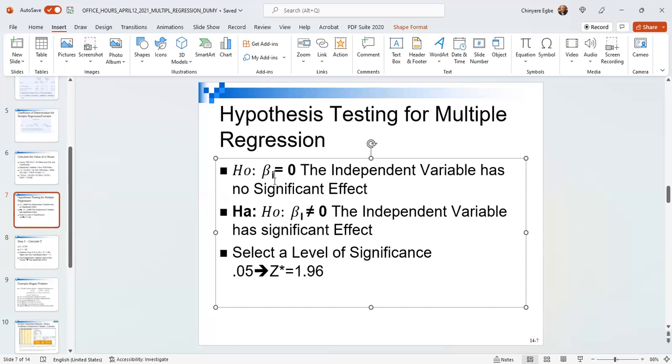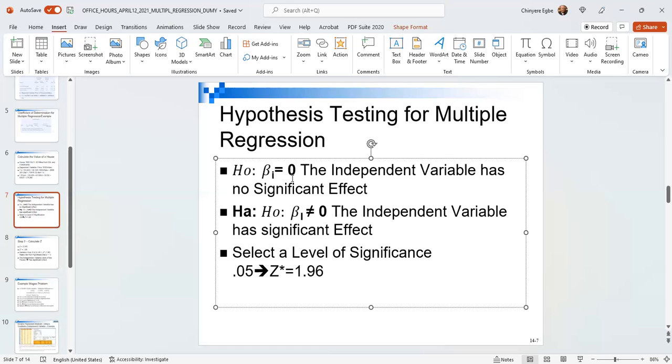So this is why we say beta sub i, i meaning the ith independent variable, and so it could be beta sub 1, which is the slope of the first variable, which we call size, and it could be beta of the second independent variable, or the third, or the fourth, and so forth. So you're testing the hypothesis for each independent variable separately.